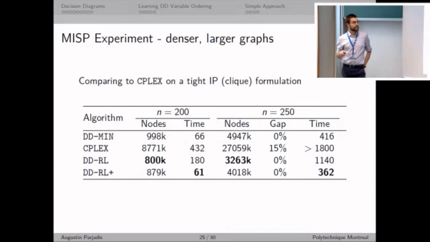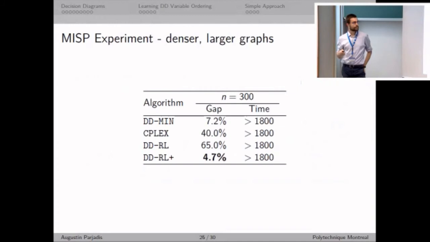As we can see, the agent generalizes because on smaller graphs than those used during training, we still have a good performance. And if we increase the size of the graph again, we can see that even though the search does not terminate after half an hour, the optimality gap is again lower with our approach.